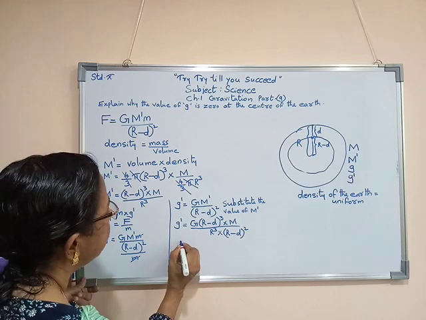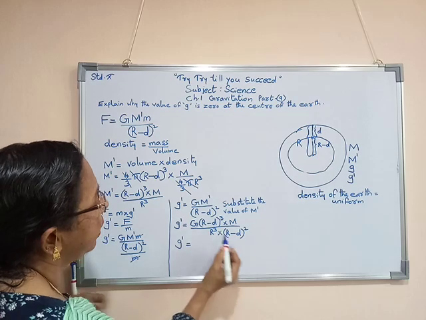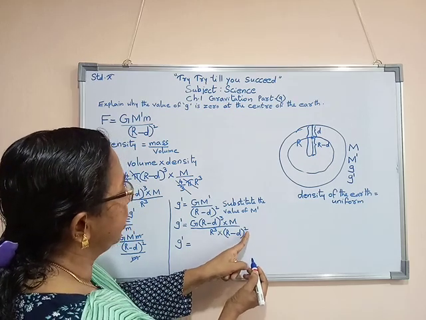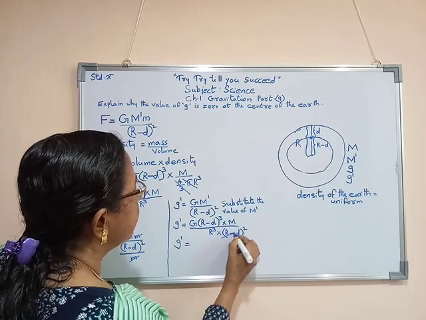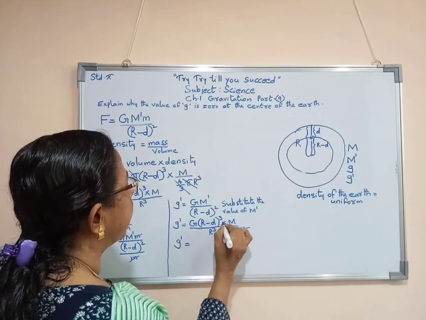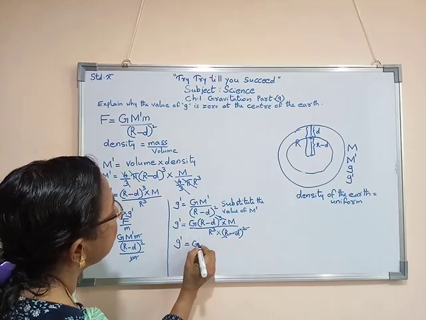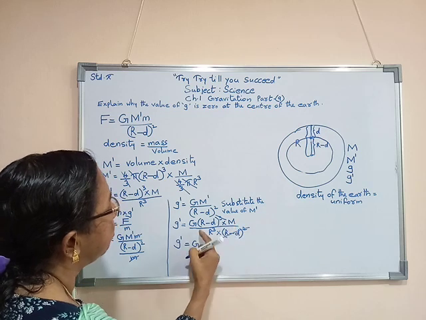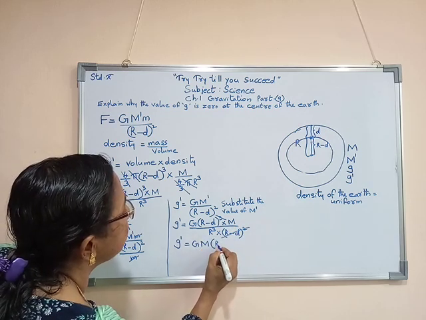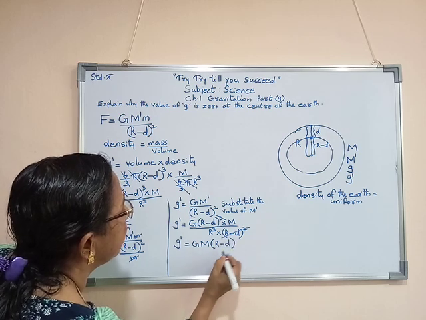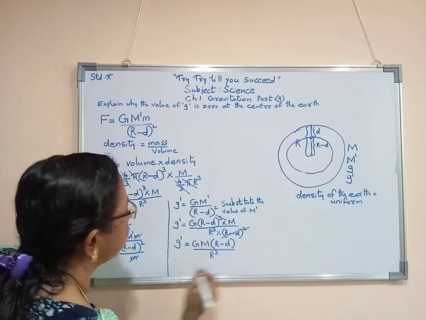So we will see now G dash is equal to, now here in this place 2 is there, in this place 3 is there. So what I am doing, the whole thing I am cancelling here, but at the same time here this 3 I am removing. So what will be our value? G into this M I am writing here into (R minus D) upon R cube.